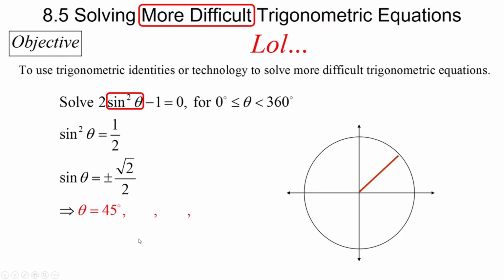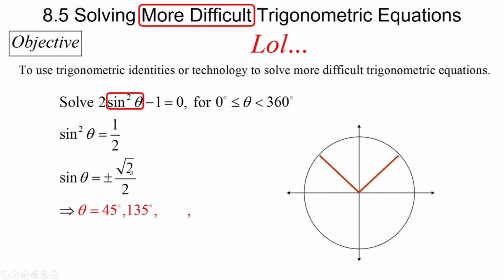All right, now you think to yourself, in what other quadrant is sine positive? And that would be quadrant 2. So let's reflect this terminal ray in the y-axis to get this terminal ray. And how many degrees would that be? Well, 45 degrees, 90 degrees, that's 135 degrees right there.